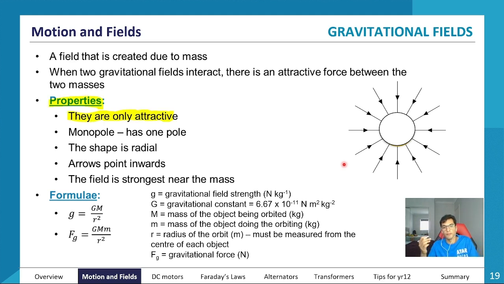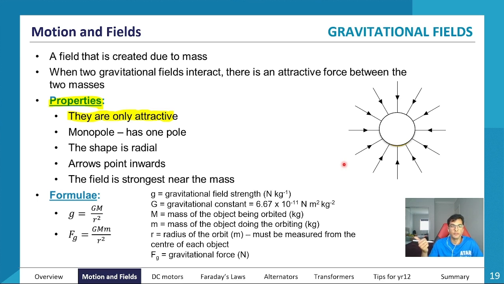So if you think about it, you're on the Earth. If you jump up, you fall back down. You don't get shot out into space. So we consider gravity to only be attractive because there's no way that gravity can repel anything. And because it can only have one pole, we consider gravitational fields to be monopole, meaning that it has one pole. Mono meaning one, and pole meaning pole. Gravitational fields are monopole.